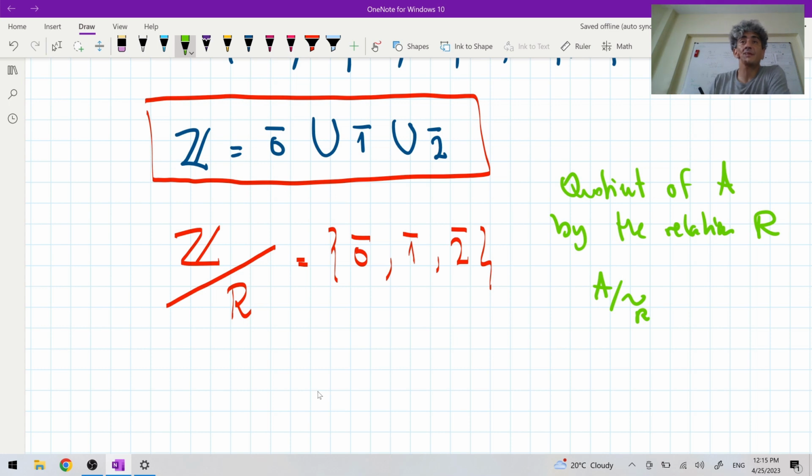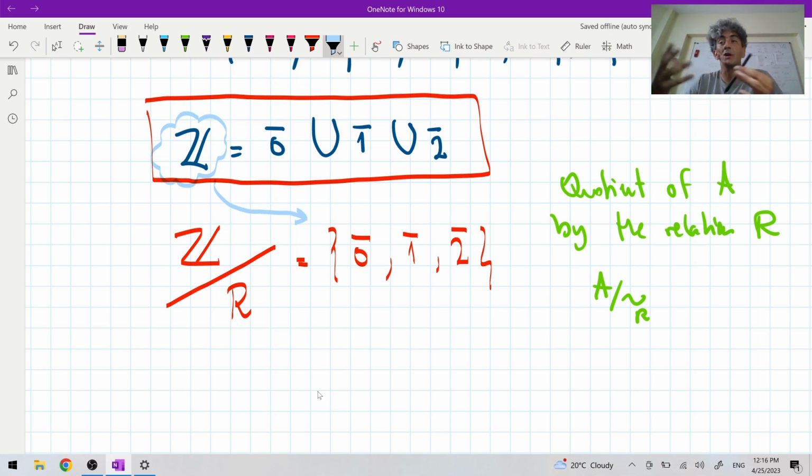And in this sense, we need to understand that we are transforming an infinite set, the integers, into a finite set. It's like being able to see 3 categories of integers: the ones that have remainder 0, the ones that have remainder 1, and the ones that have remainder 2 when you divide them by 3. So this operation of looking at a set through the eyes of an equivalence relation is extremely important in mathematics.